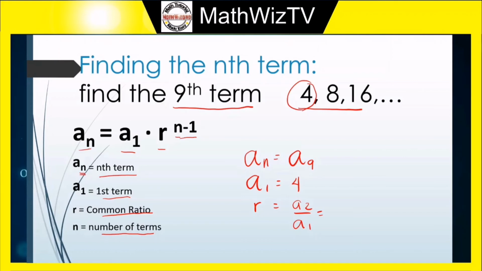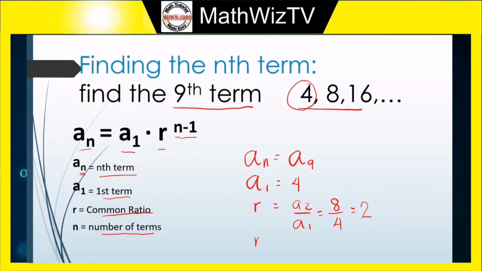So what is our a sub 2 or second term? It is 8 divided by our first term, which is a sub 1, that is equals to 4. 8 divided by 4, the answer is 2. Okay? Now, therefore, our common ratio is equals to 2.